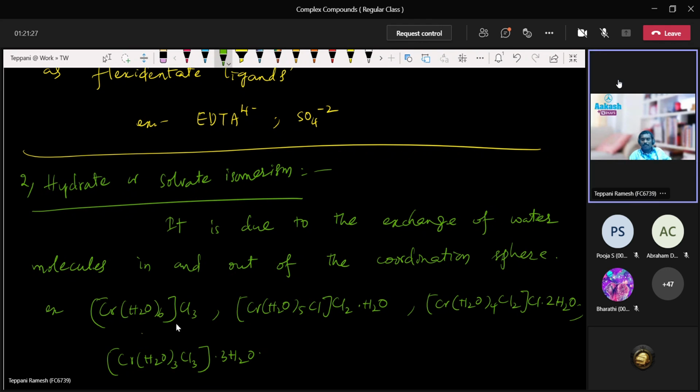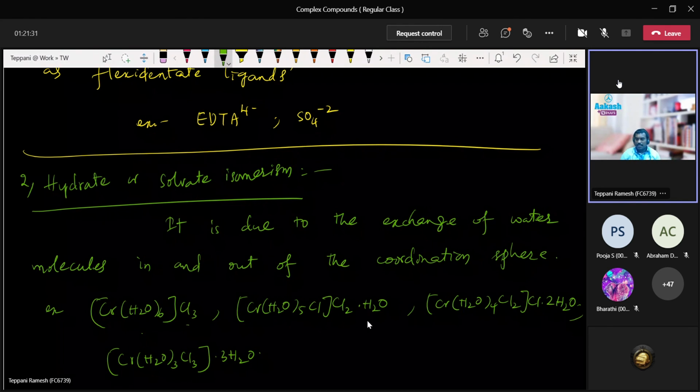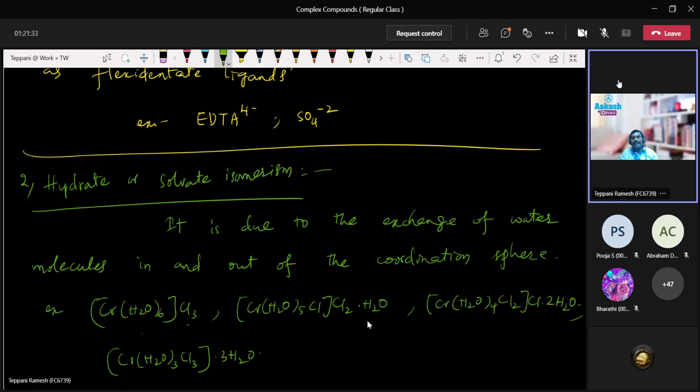So water molecules in and out of the coordination sphere are exchanging. This isomerism is called hydrate or solvate isomerism.